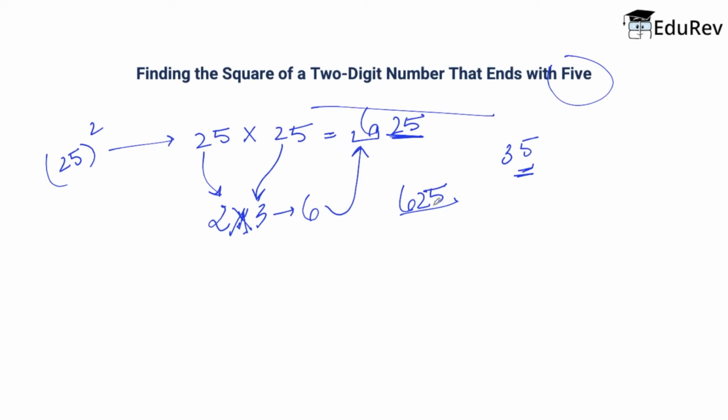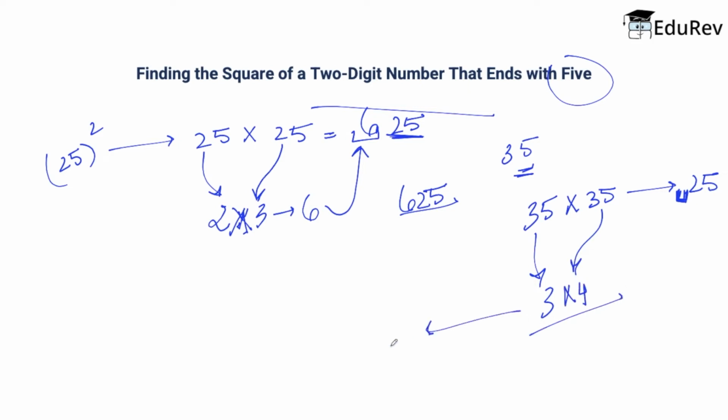end with 5. Let's take one more example, that is 35. So for 35, what you need to do is 35 into 35. So the last digits have to be 25. We all know that. We just have to fill the first portion. So what I need to do is take 3 and then add 1 to it, that is 4. Now multiplying 3 by 4 is going to give me 12.